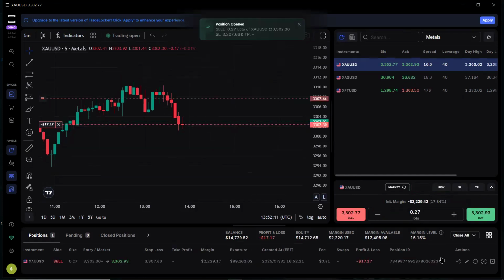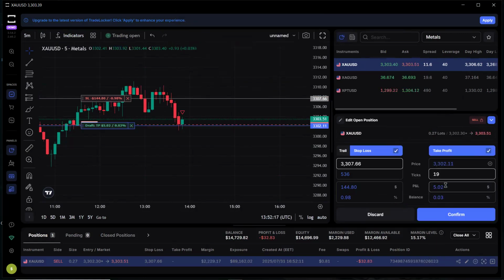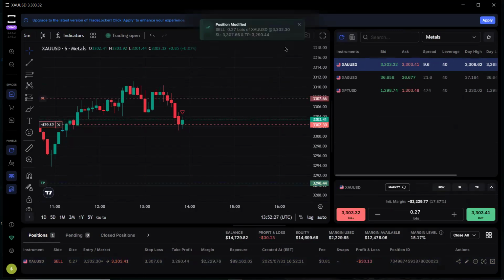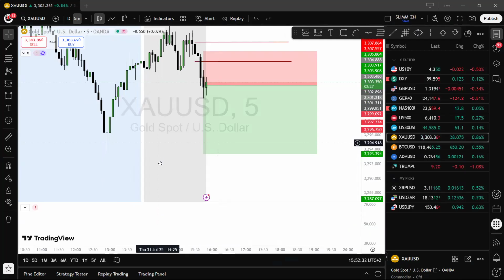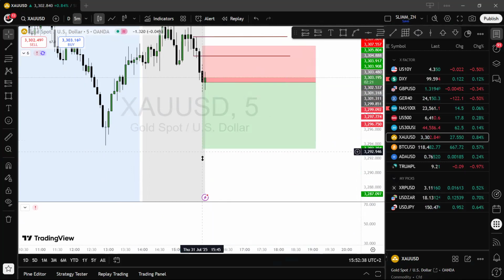And our TP is 2%. Okay, so gold is active. Just entered it here. Gold is active.